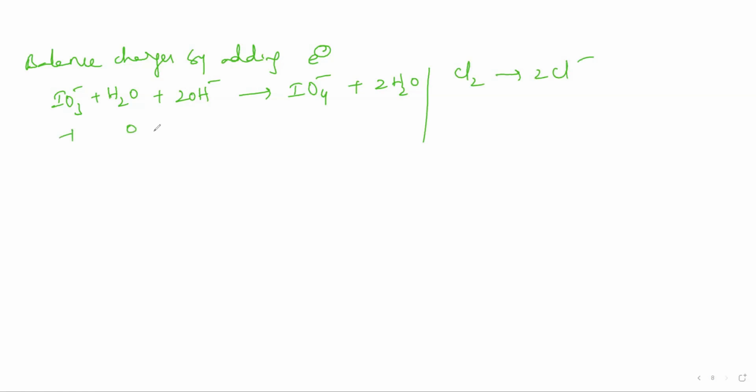Now the charges: this is -1, 0, -2, -1, 0. Here -1, -1, so the total charge will be -2. Here it is 0, -2. Total charge will be -2. Then add electrons if you get minus charge on the opposite side.